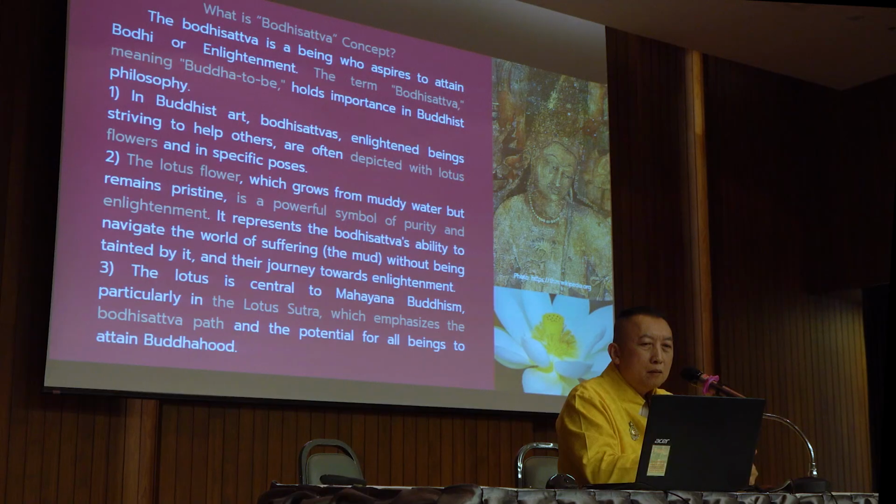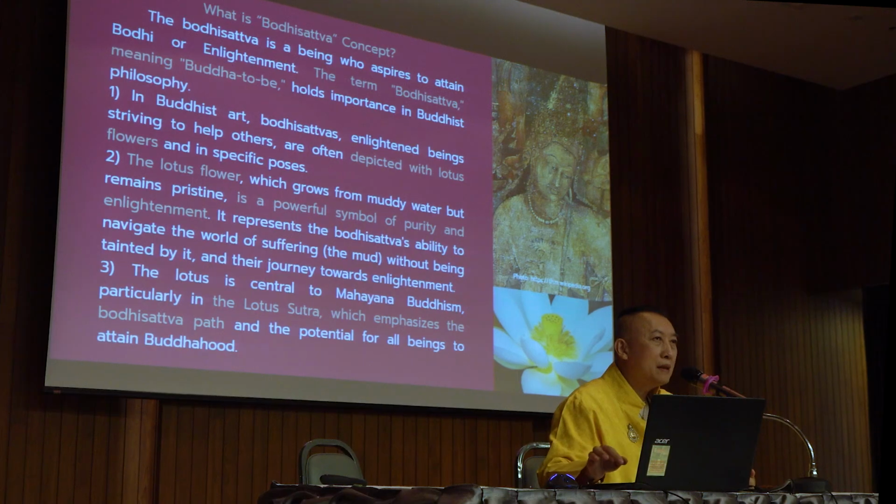The lotus flower is a very powerful symbol of purity and enlightenment. The lotus is very important for Mahayana Buddhists. But for Theravada Buddhists in Thailand, we adopted this concept in a hidden way and used it a lot in textile design and all Thai art forms.